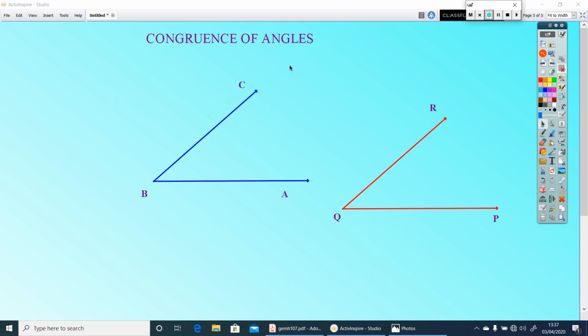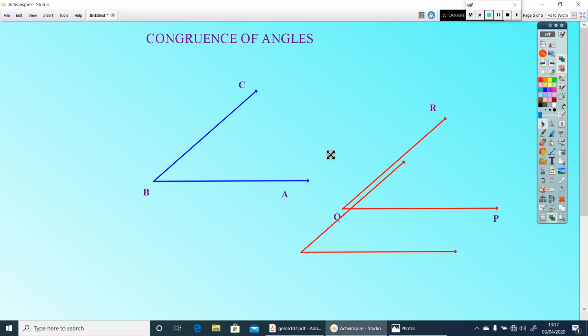Let us check the congruence of angles. Here angle ABC and angle PQR are given. You have to check whether these two angles are congruent or not. Let us follow the same method of superposition. Take a copy of angle PQR.